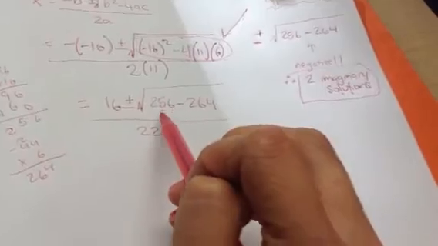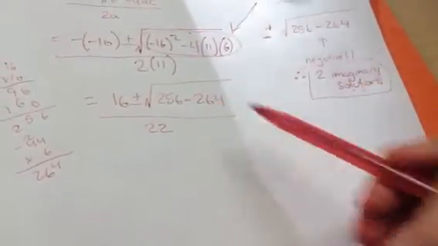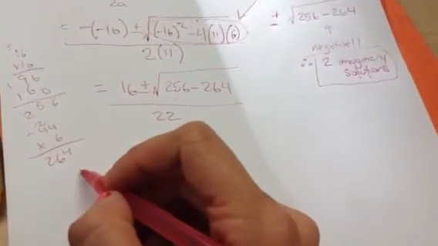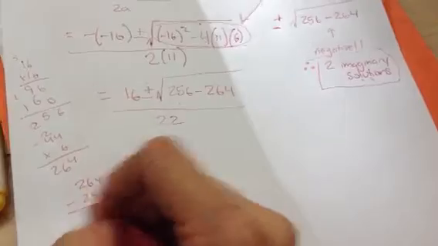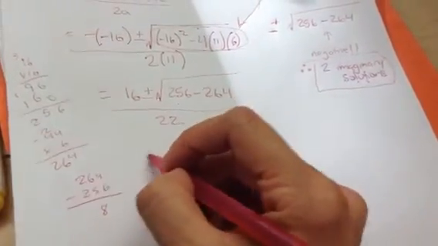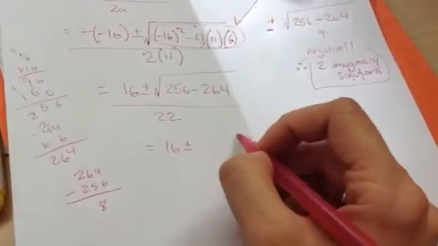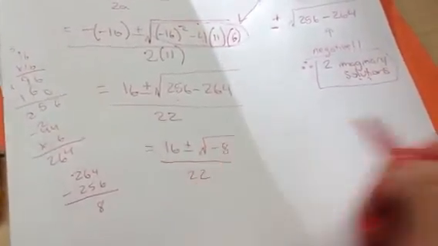And then 256 minus 264. I'm going to take the difference, but the bigger number is negative, so I know it's going to be negative. So 264 minus 256. And I know that's going to give me 8. So 16 plus or minus the square root of negative 8 over 22.